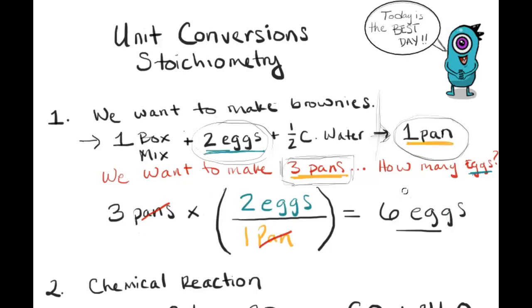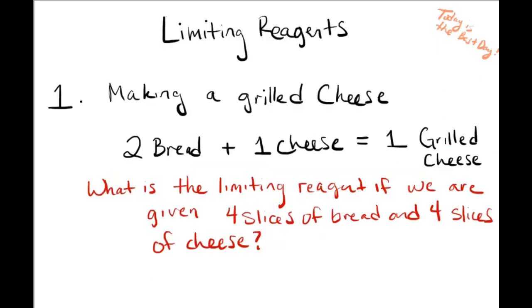How many eggs did we need to make pans of brownies? In this case, for limiting reagents, we're trying to figure out which of these ingredients, in this case for our grilled cheese, limits us from making more grilled cheese. That's basically the goal for today.